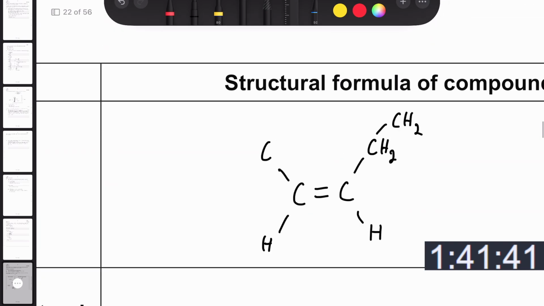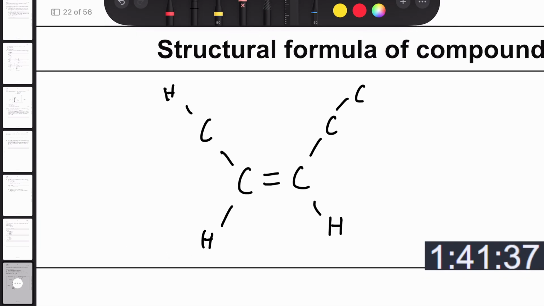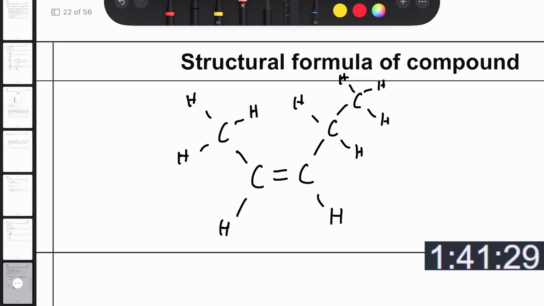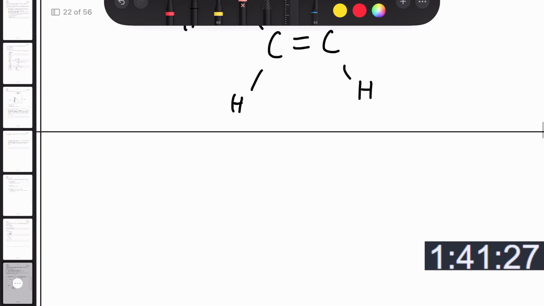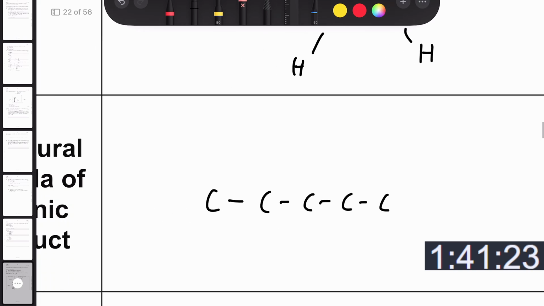Oh, maybe I should just draw all the hydrogens. I'm going to draw all the hydrogens. Oh, that should have been 3 as well. So this is H, H, H, H, H. So then 3, 4, 5. So then H, H, H, H. So this is Br.